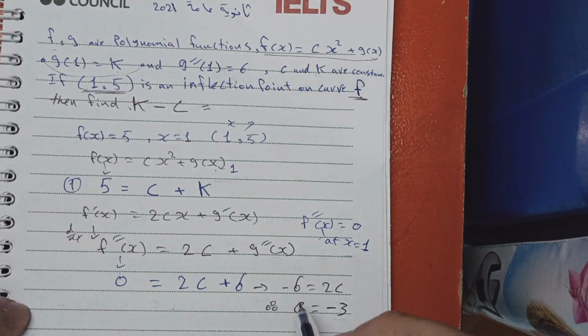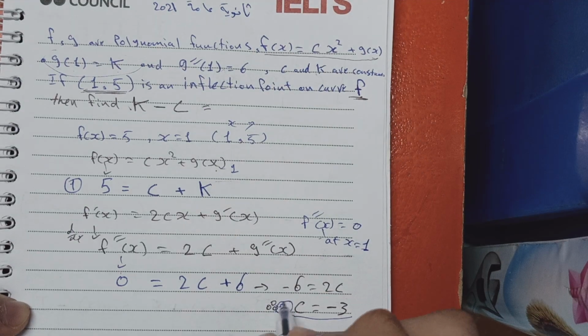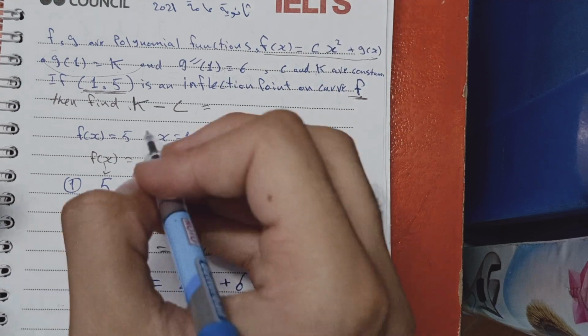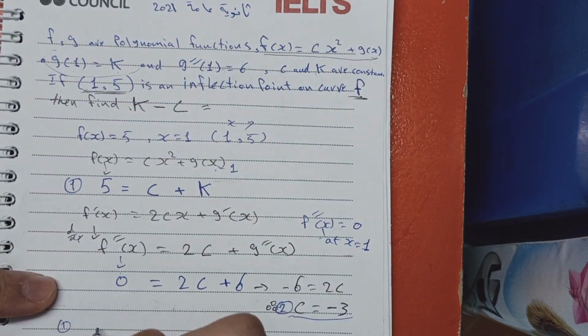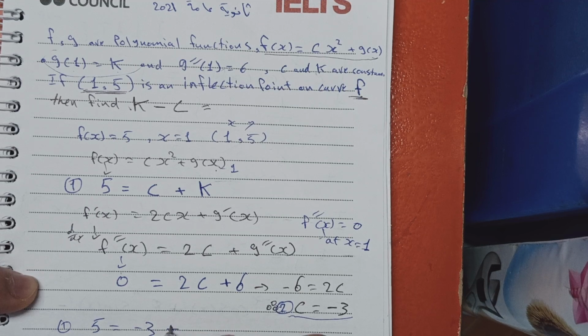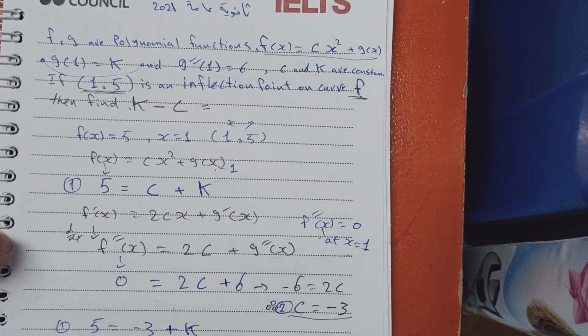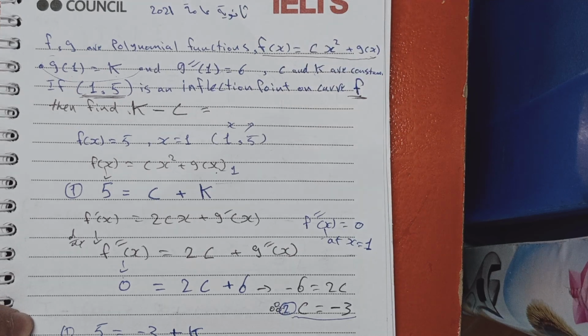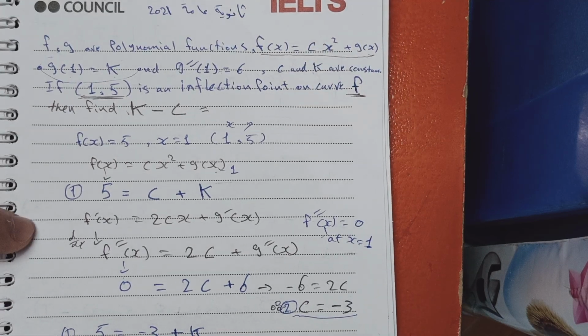Okay, so we have got that c is equal to negative 6 as the second equation. So we will substitute in the first. So we will have 5 equal negative 3 plus k. Then negative 3 will go to this side by addition.